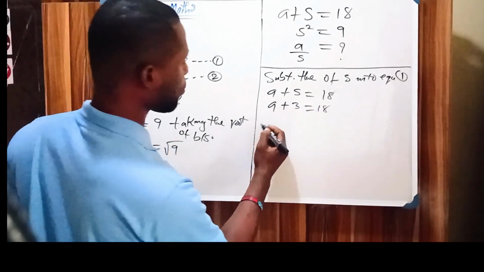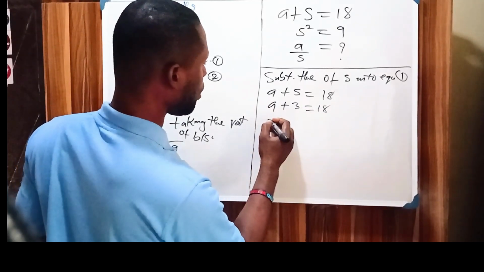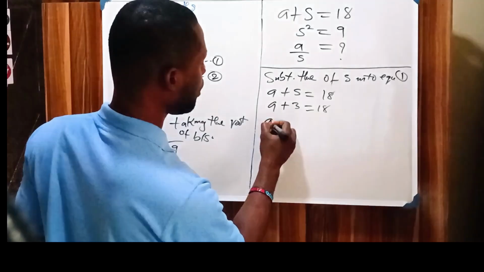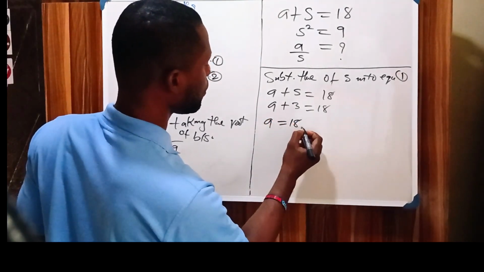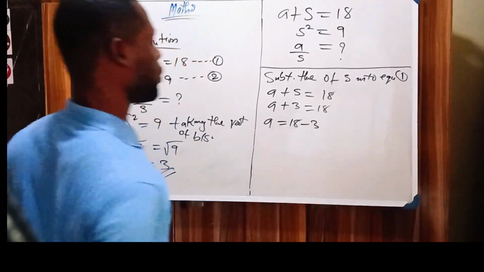So we are going to have a equal to 18 minus 3. That is collecting like terms. 18 minus 3 gives us 15. So we now know the value of a also.